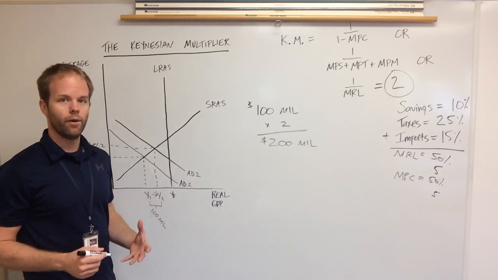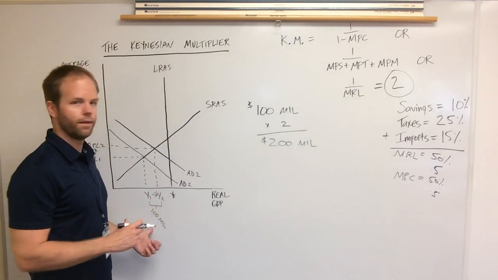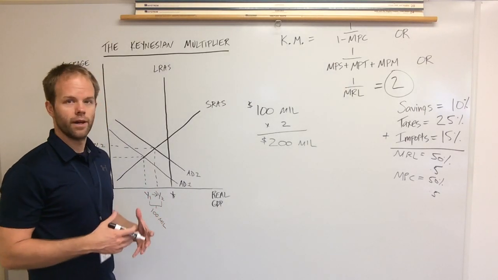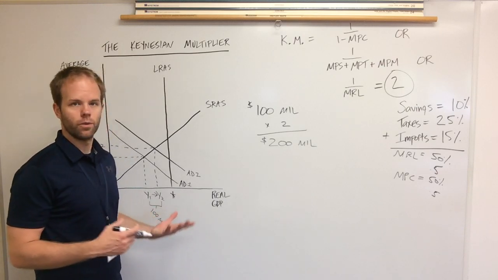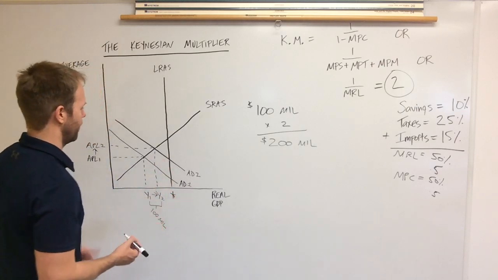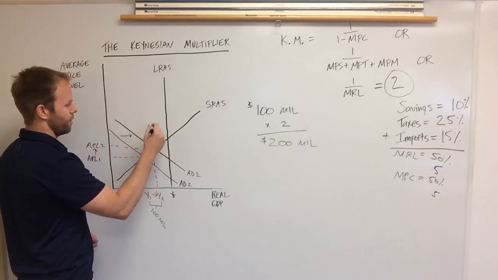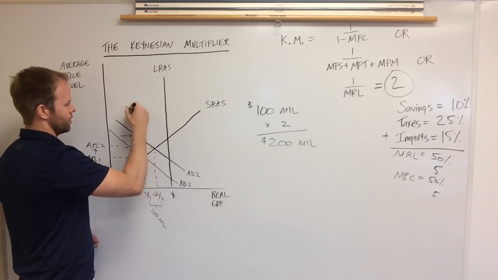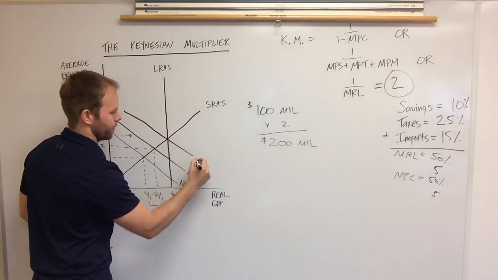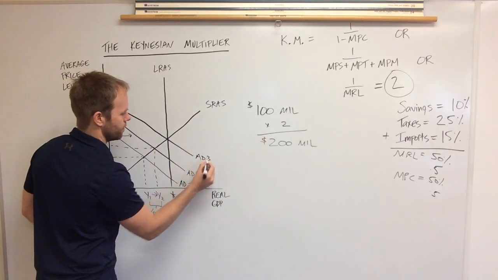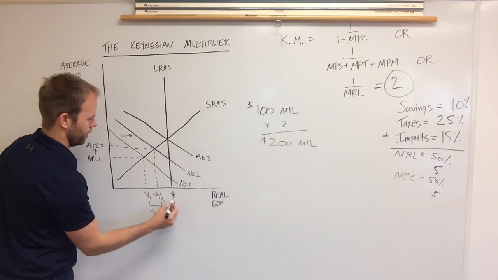Okay? But now, like we just said, that's not the end of the line. All of that money that just got spent is now extra revenue for businesses and extra income for households, and that will get respent. And when it does, we will have another increase in GDP. Just for the sake of simplicity, I'm going to show that aggregate demand has increased to the full output level, even though that might not be very realistic.